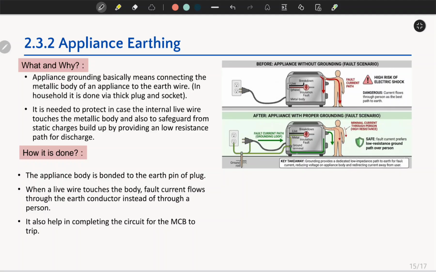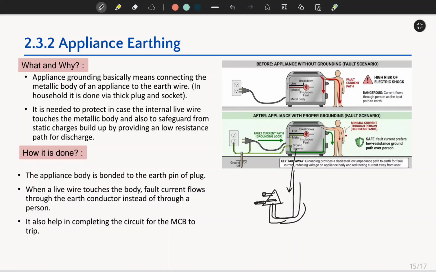If this is my appliance and it's a socket, its plug is like this, and three wires come out of it. This earthing wire is connected to the body of my appliance so that no human gets any shock in case of any leakage or fault.